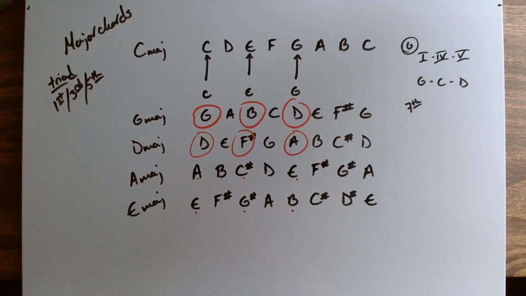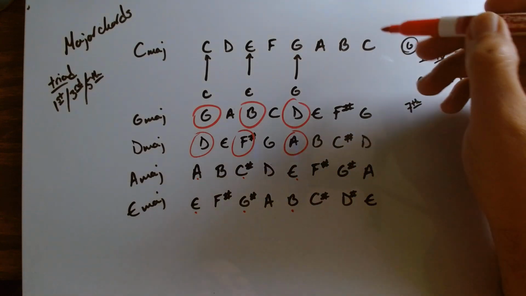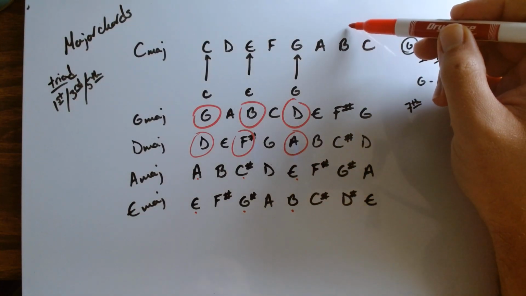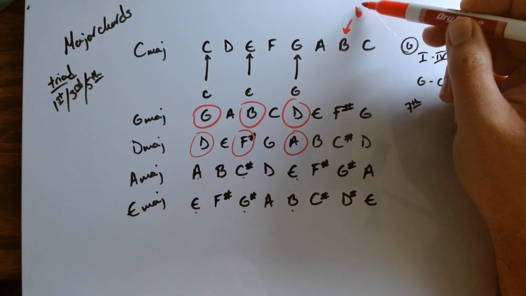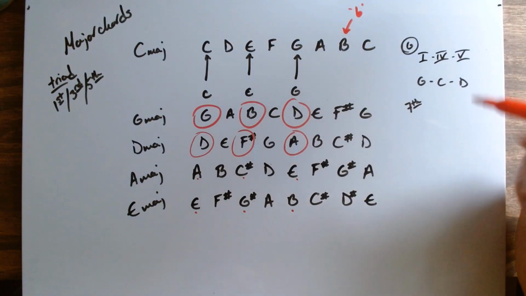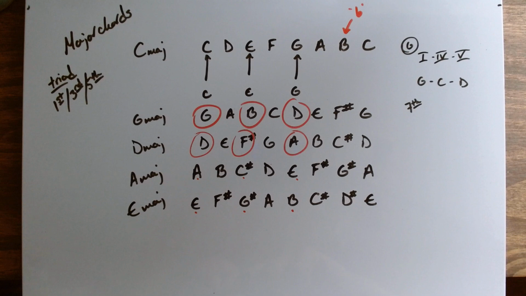And all you're looking to do is take and add this note right here and then make sure you flat it. What does that mean? Well, take a look at all of my chords here.